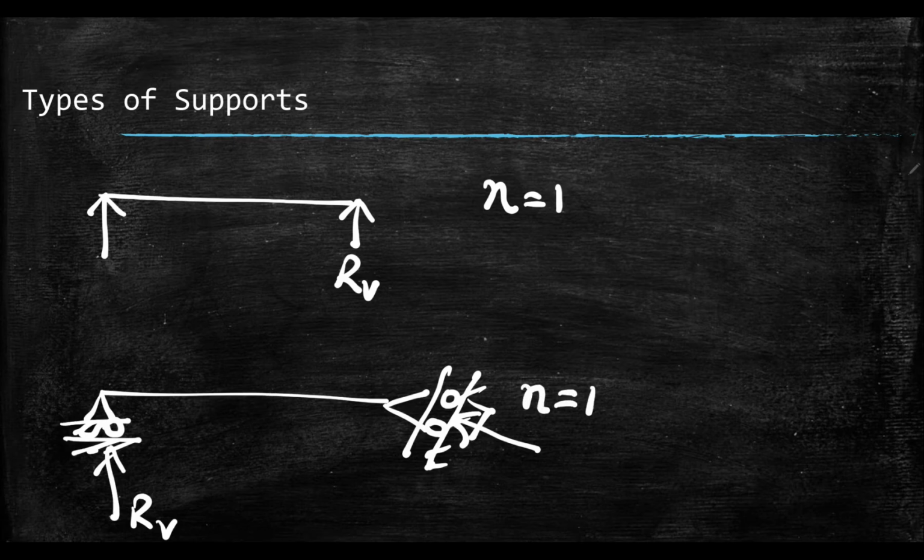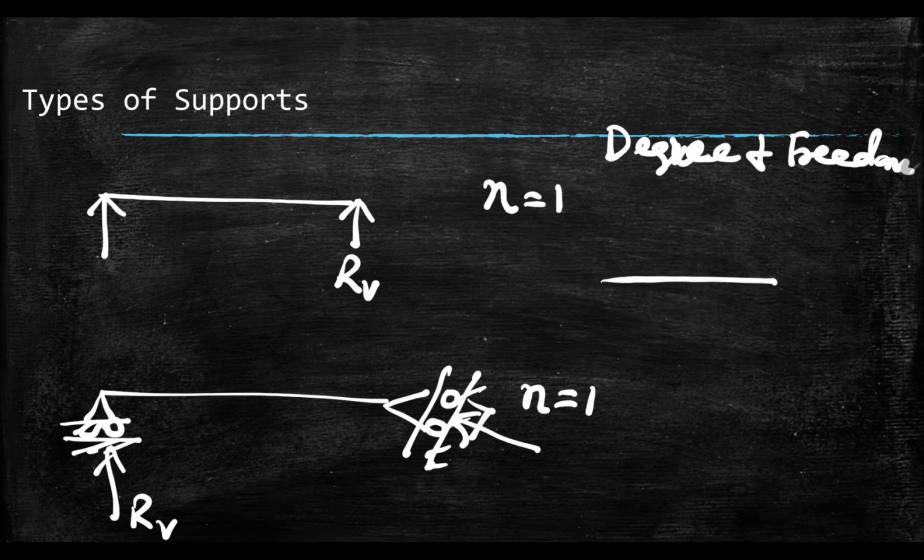Now there is a concept called degrees of freedom. If you are in a higher semester, or if you have completed your basic civil engineering subject, you may know what degrees of freedom are. See, this is a beam. As I told you, it can move in this direction, it can move in this direction, and it can rotate. If it is moving in this direction, that is a degree of freedom.